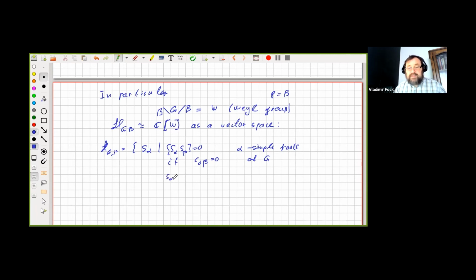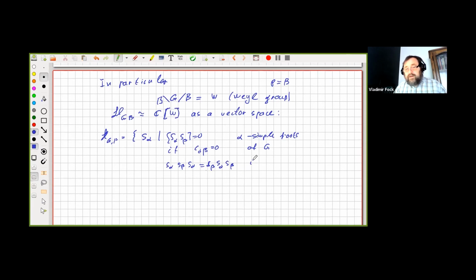Otherwise, S_alpha S_beta S_alpha is equal to S_beta S_alpha S_beta, the standard braid relation, if C_alpha_beta is -1.